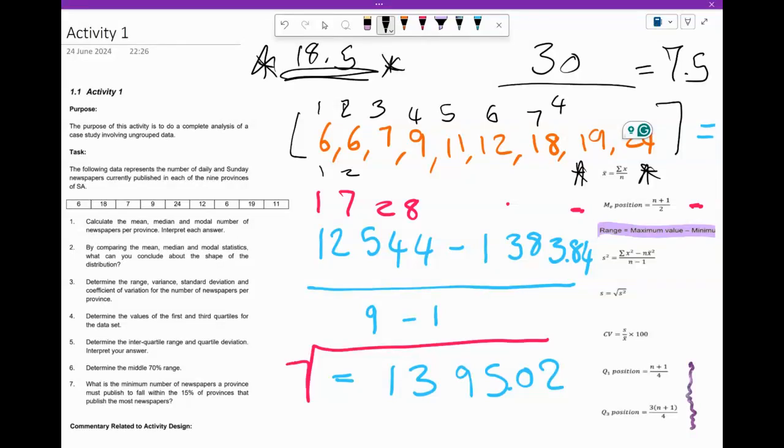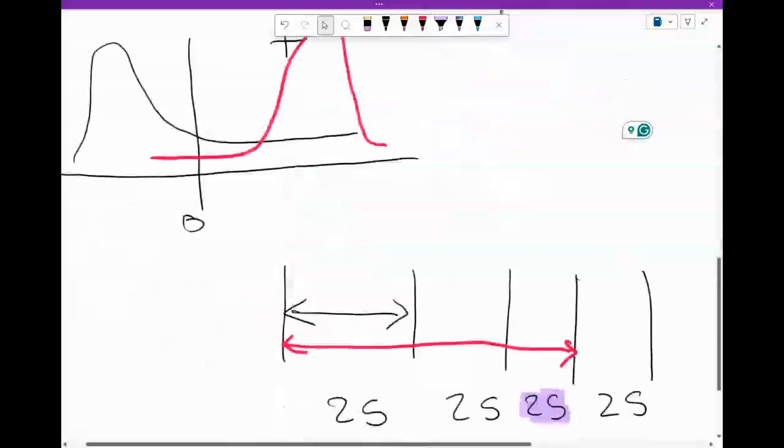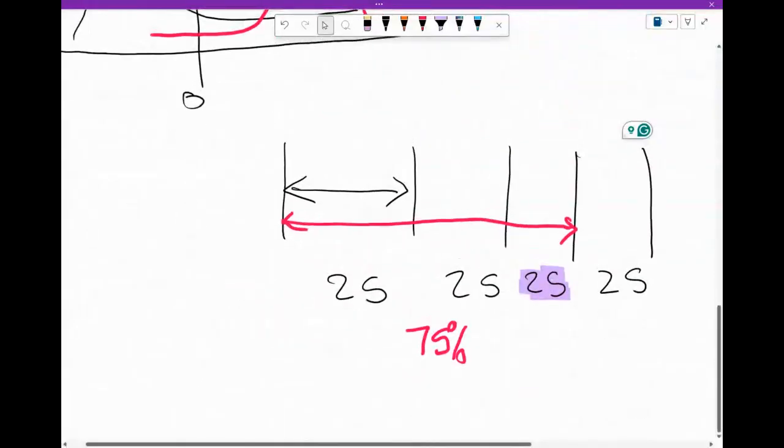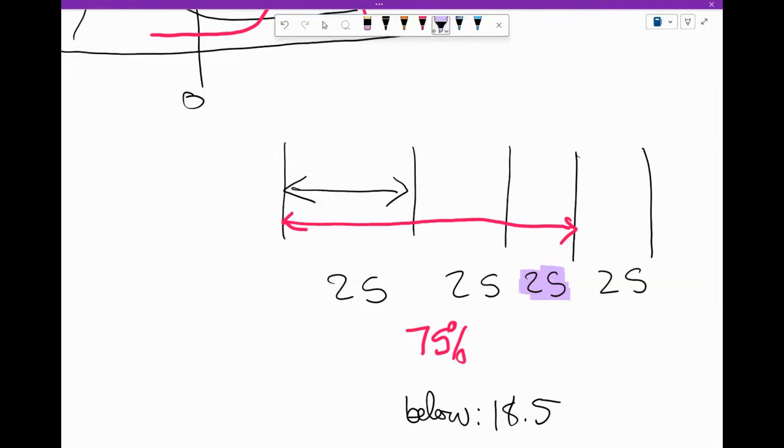So what about the top 25% of our data? Because sometimes they can make you apply this. If we're saying 75% of our data is below 18.5, what are we saying about this 25 here?